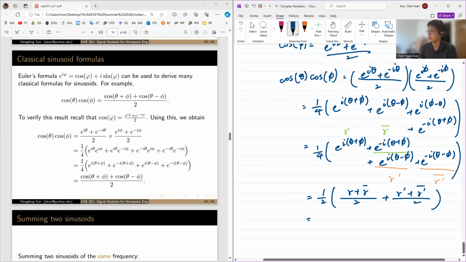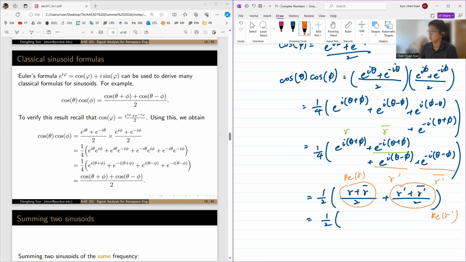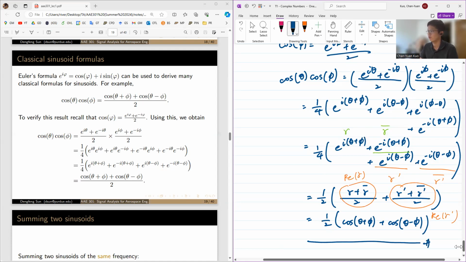And this thing here will essentially just be the real part of gamma, and this thing here will be the real part of gamma prime. So we will end up having cosine of theta plus phi and cosine of theta minus phi, times 1/2. And this is exactly what we're looking for.